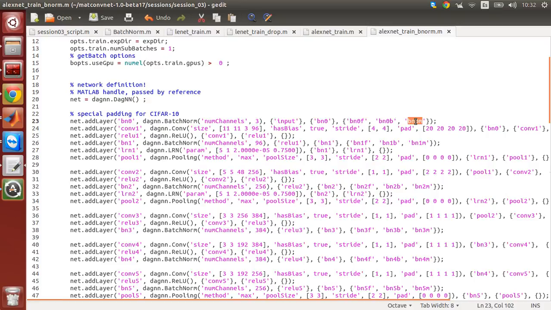It learns both the mu, so the mean, and the standard deviation for all the batches, instead of using one per batch. This is especially good for validation, because in that way you don't have to recompute mu and sigma for the whole dataset. That's usually the problem with batch normalization. So this is a beneficial point of MatConvNet with respect to other implementations like the one in Caffe.